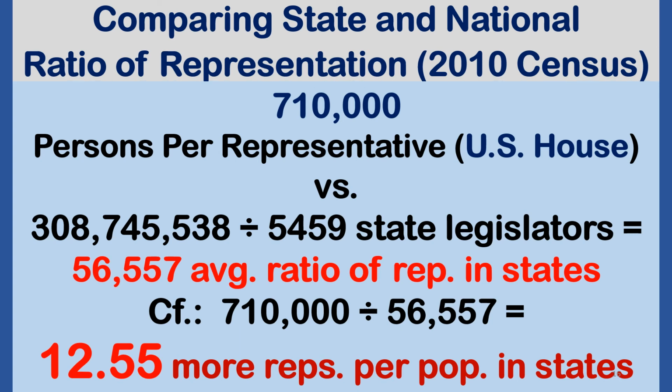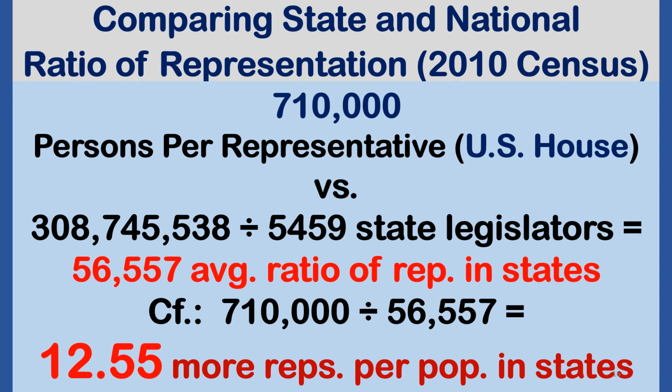You use that number to get your average ratio of representation in the states, which is 56,557. So you take the 710,000 ratio of representation in the national government, you divide that by your average ratio of representation in the state governments, which is 56,557, and that gives you a representation multiplier of 12.55.